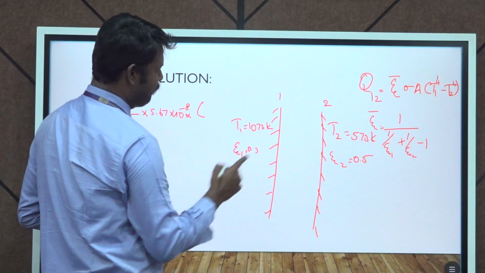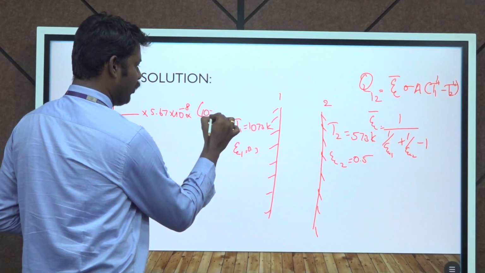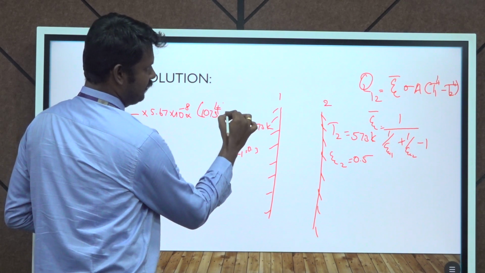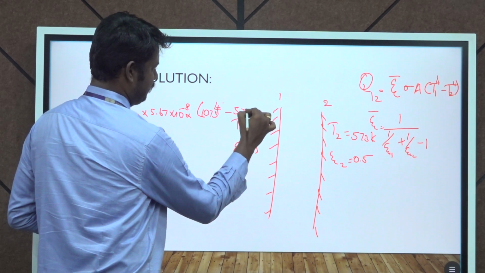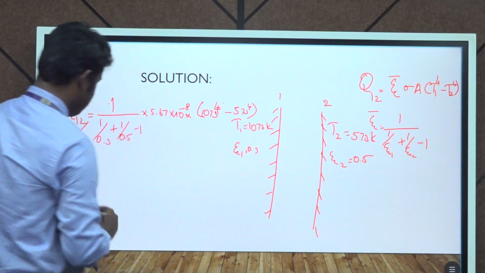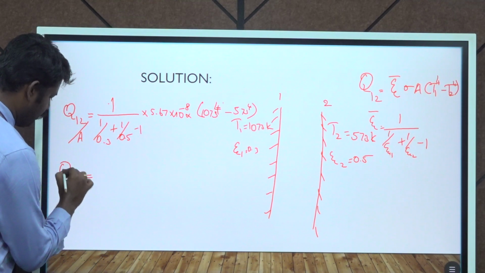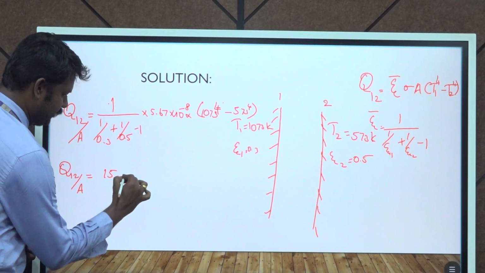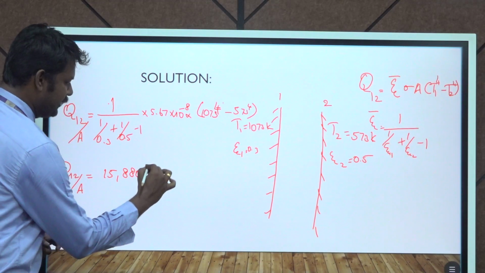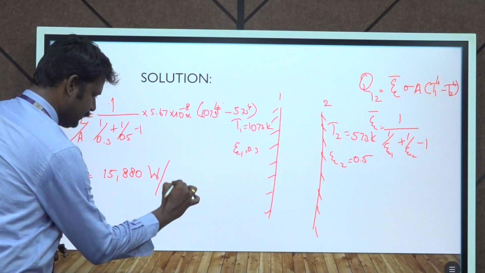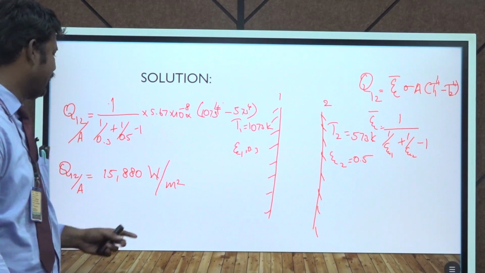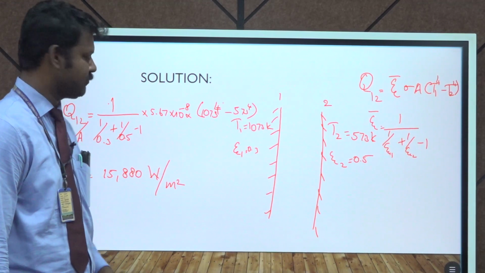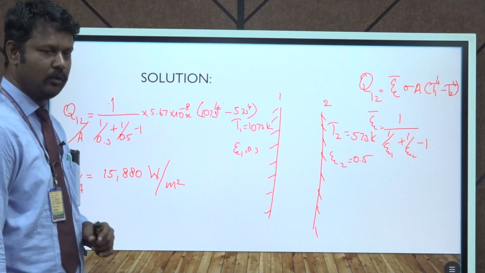We have to remember that the temperature should always be substituted in Kelvin only. Q12 per area comes to 15,880 watt per meter square. So the net radiant heat exchange between the two parallel plates is 15,880 watt per meter square.